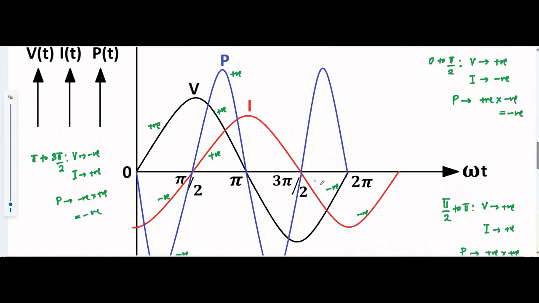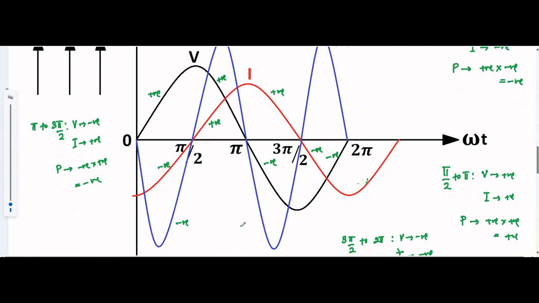That's why from 3 pi by 2 to 2 pi, not this one, this much portion, this is negative and this is also negative. So negative into negative is positive in nature. Here current is positive, from pi to 3 pi by 2, current is positive, voltage is negative. That's why positive into negative, here it is negative.